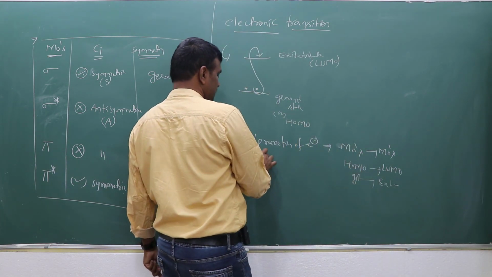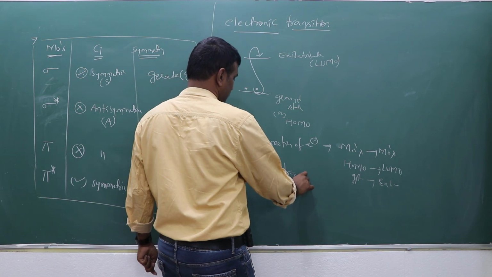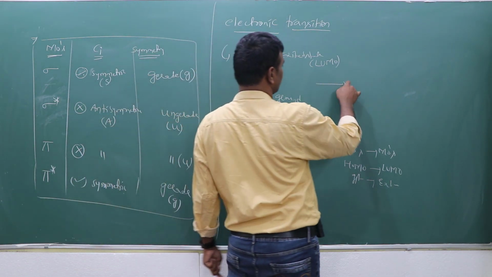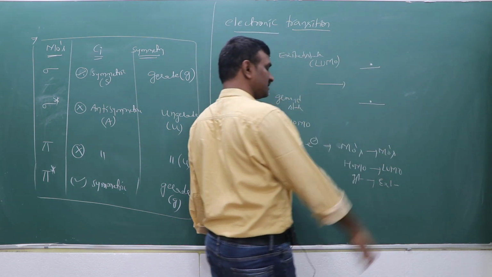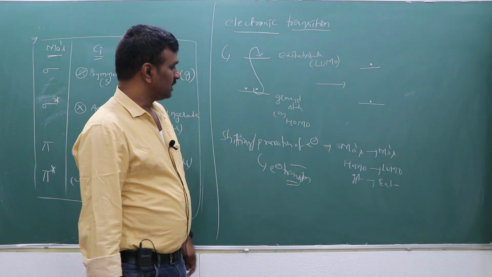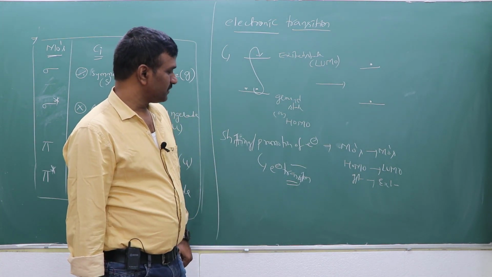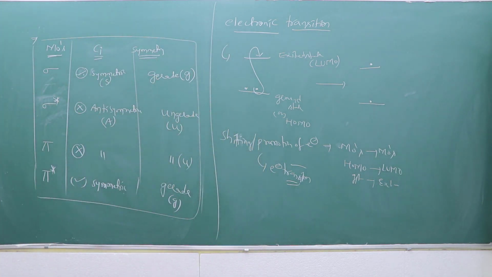That is what is called an electronic transition. When it takes place, one electron is here and another electron is here. The shifting or promotion of the electron from one level to another is considered an electronic transition.